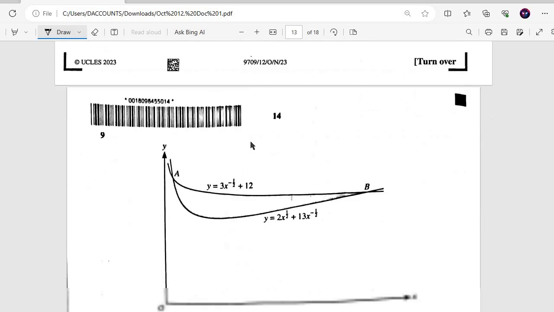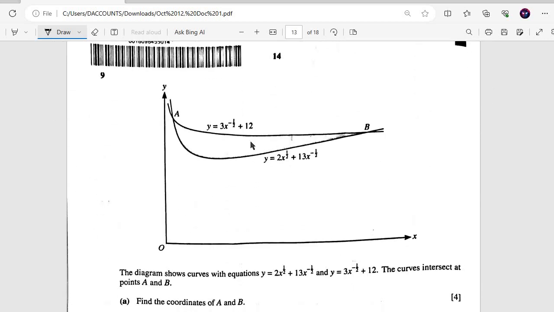The next question, number 9, integration. Actually, this region is shaded. The question asks us, the first question, the diagram shows curves with equations. We check the curves.